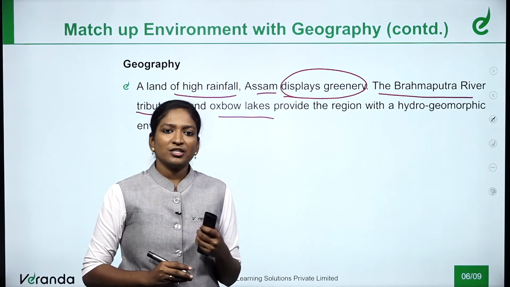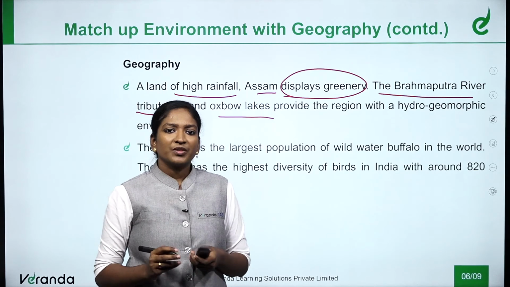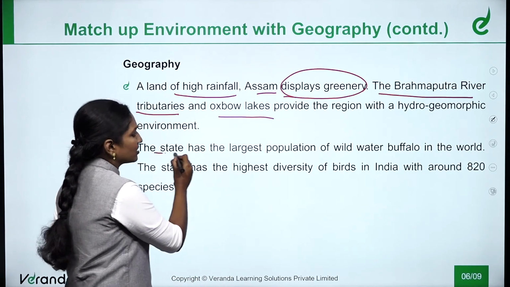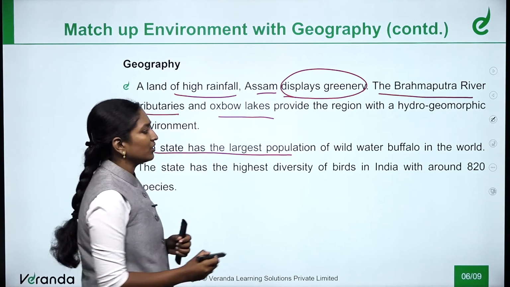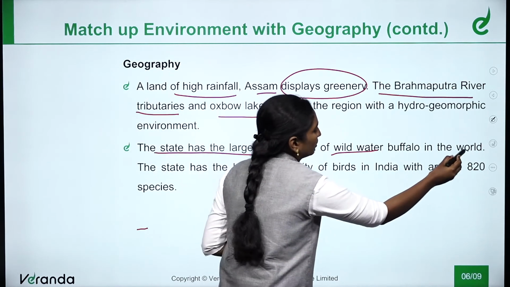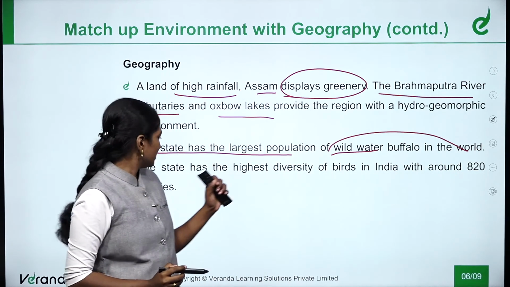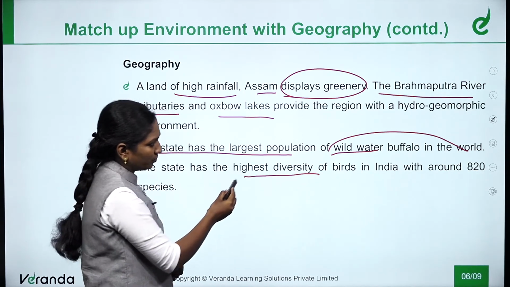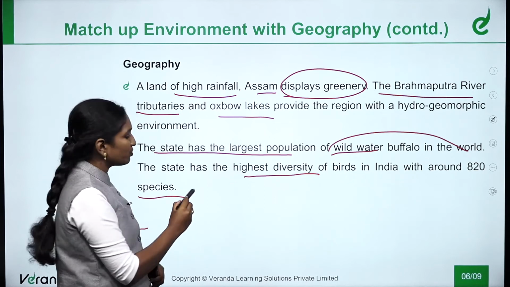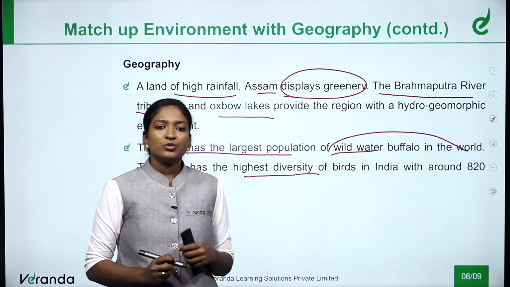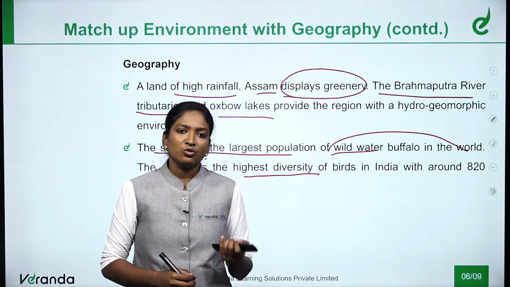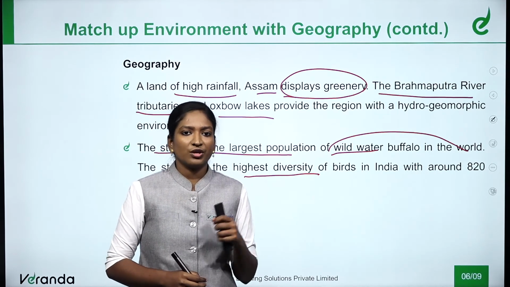This is the geography part. And finally, the state has the largest population of wild buffalo in the world. The state has the highest diversity of birds, around 820 species, which is not present anywhere else in India. This is how you need to make notes for Assam from a geographical point of view.